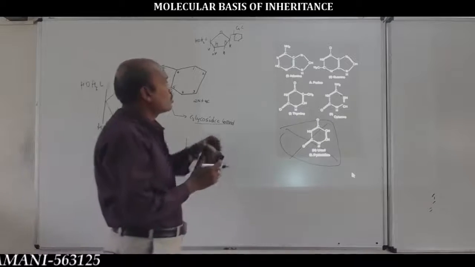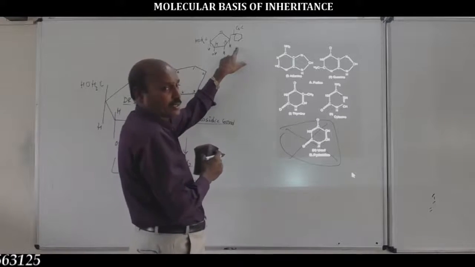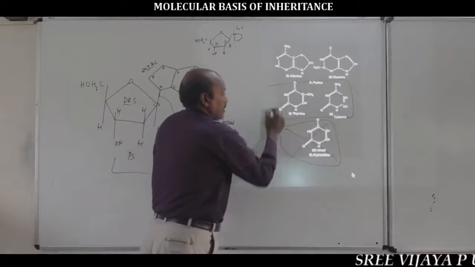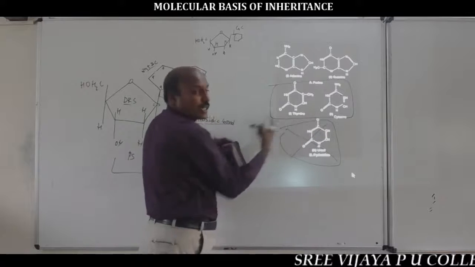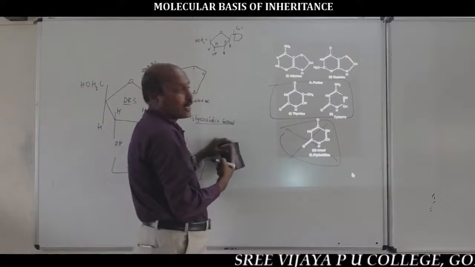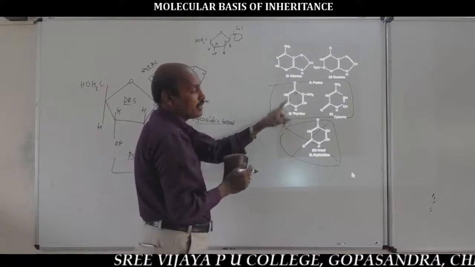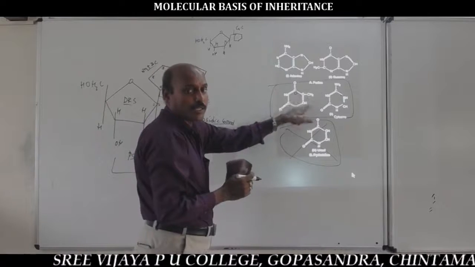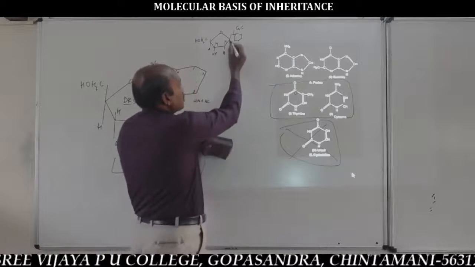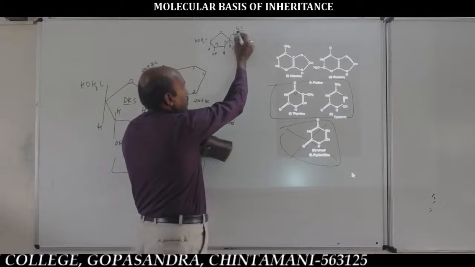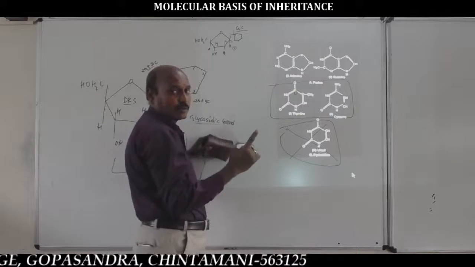Listen here. If the nitrogen base in the nucleoside is a pyrimidine base, either thymine or cytosine, the first carbon atom of the pyrimidine base binds to the first carbon atom of the deoxyribose sugar through a glycosidic bond.